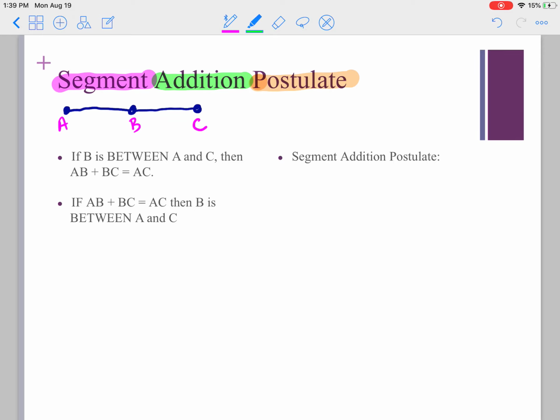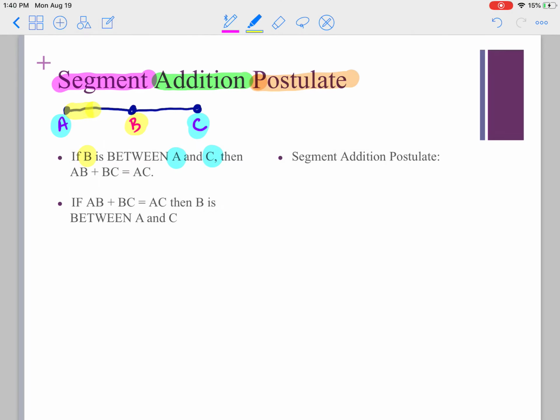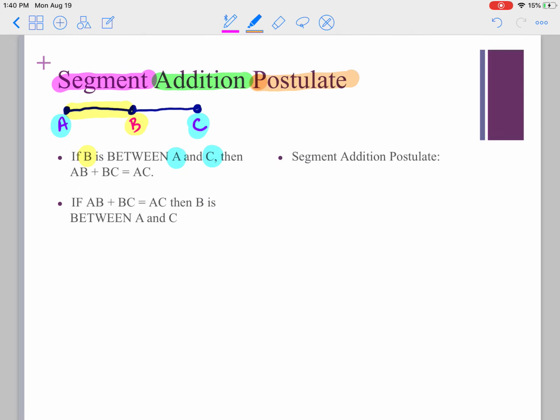And so what this is saying is that if I were to have a segment, and this segment had the point B, and that point B is between points A and C, then to get the full length of the segment, we can take the length of A to B, and let's make that yellow, and add that to the length from B to C, and it will equal the entire length.